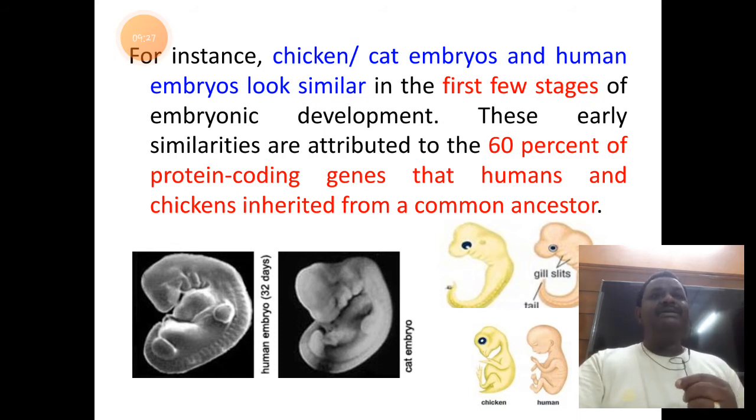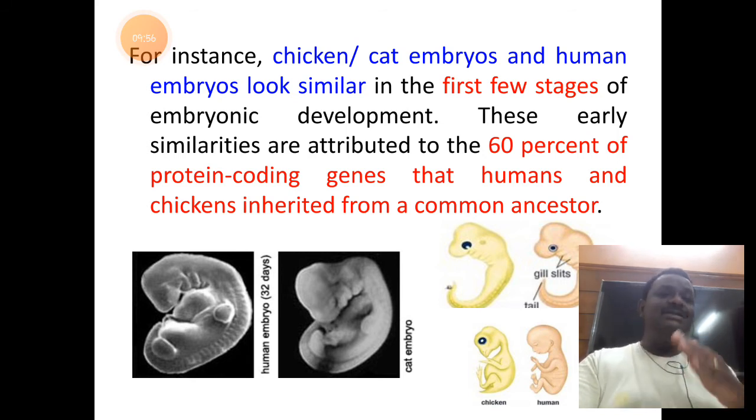Embryos of chicken or cat and human beings, they look similar at most early developmental stages. Scientists have identified nearly 60% of these protein coding genes remain common or same between these stages of the organisms.